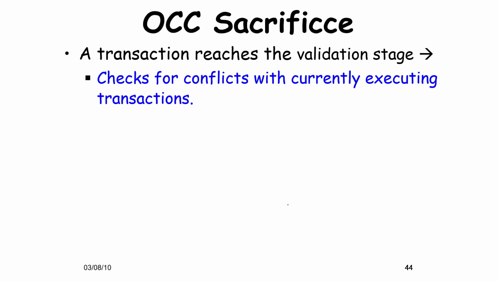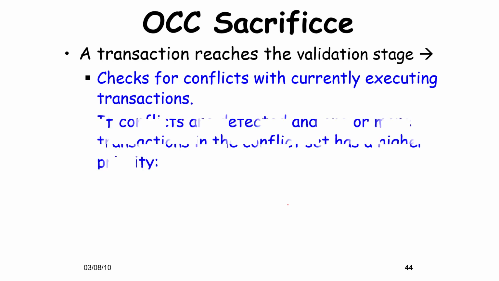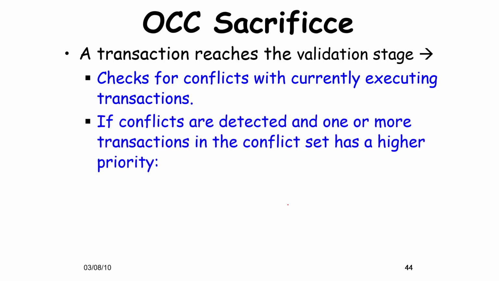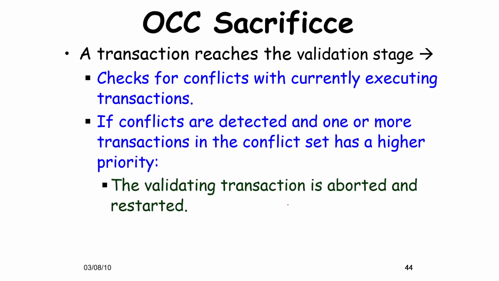The moment a transaction reaches the validation stage, you check for conflicts with all the currently executing transactions. If conflicts are detected and one or more transactions end up having a higher priority, then the validating transaction is aborted right then and there.